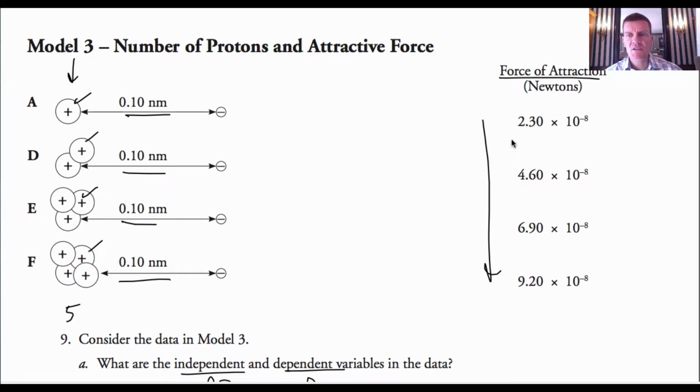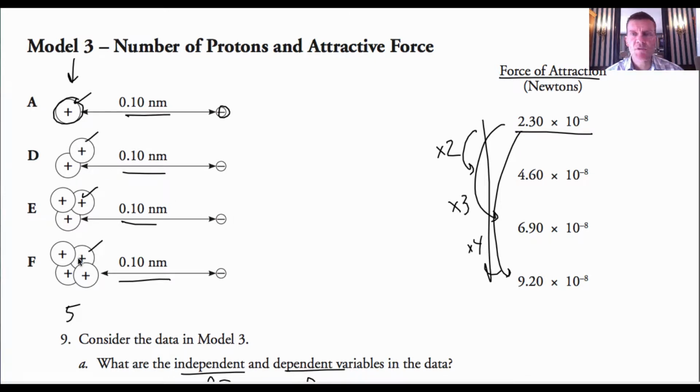Well, you may notice here that this initial value, where there's only 1 proton acting on 1 electron, is then doubled. It is then tripled. It is quadrupled. Every time you add another proton there, the number of protons is going to impact this force, and you're going to basically have multiplied by a certain factor, multiplied by the number of protons you have.